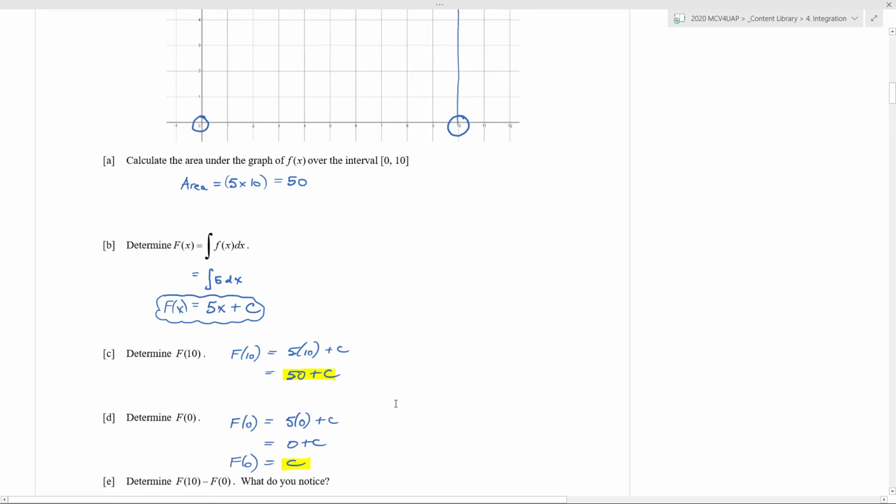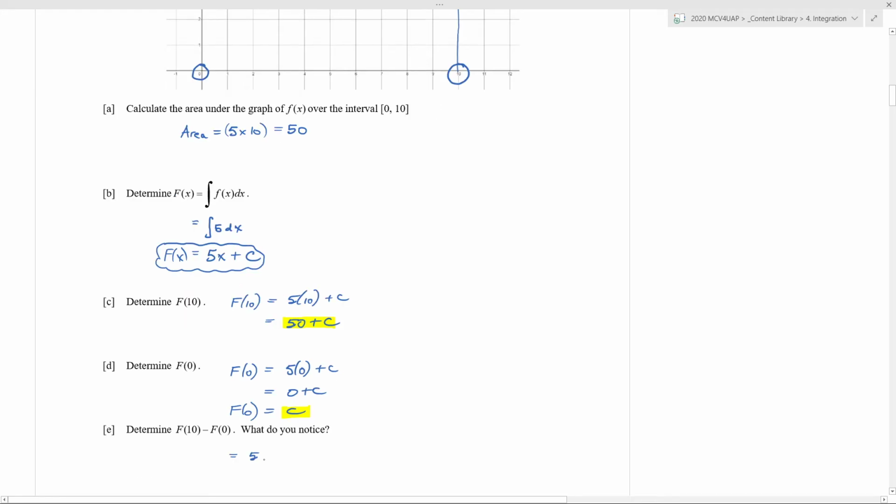So F at 10 subtract F at 0 would be 50 plus c, subtract c, which gives me 50. And you can see that the c was irrelevant. It didn't come into play at all. But the important thing to notice here is that that expression, capital F at 10 minus F at 0, is 50, which is the same as the area under the graph.